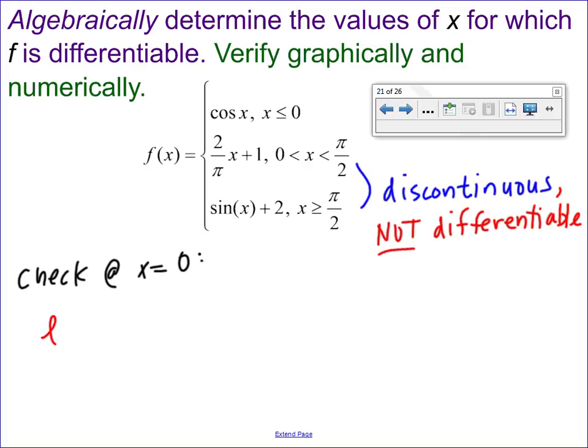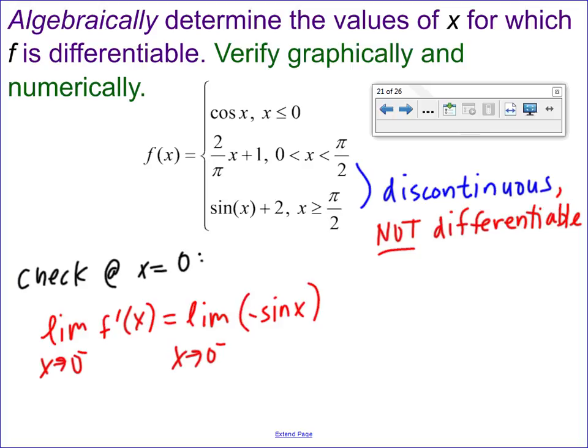The limit as x approaches 0 from the left of f prime of x uses the function definition from the left, which is cosine of x, which differentiates to opposite sine of x. Is 0 in my domain of opposite sine of x? Yes, and it equals 0. So my left-hand slope as x approaches 0 is 0. Horizontal.